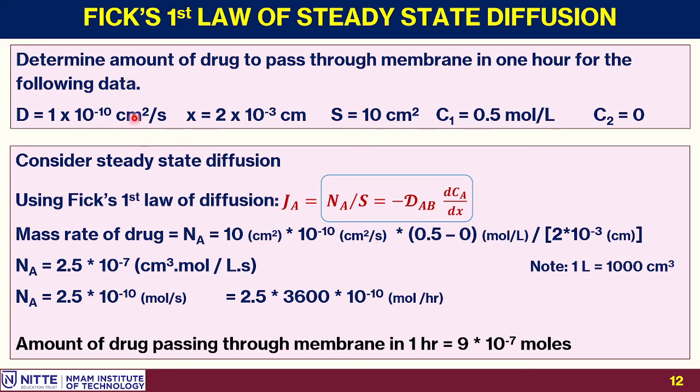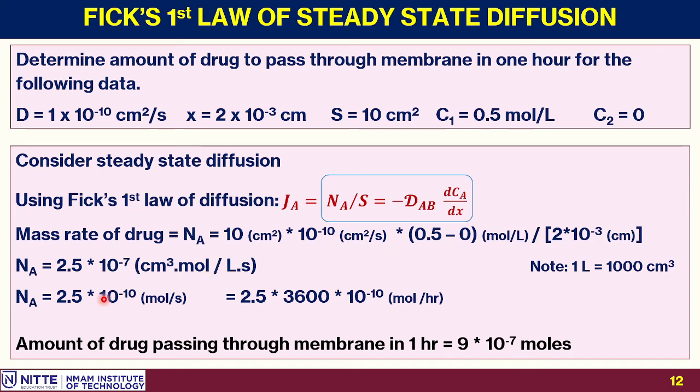You observe that all the distance units are in centimeter, so there is no necessity to convert it for the time being. Then dCA by dx, the difference in concentration upon length, we can write as delta C by delta x on a finite scale.